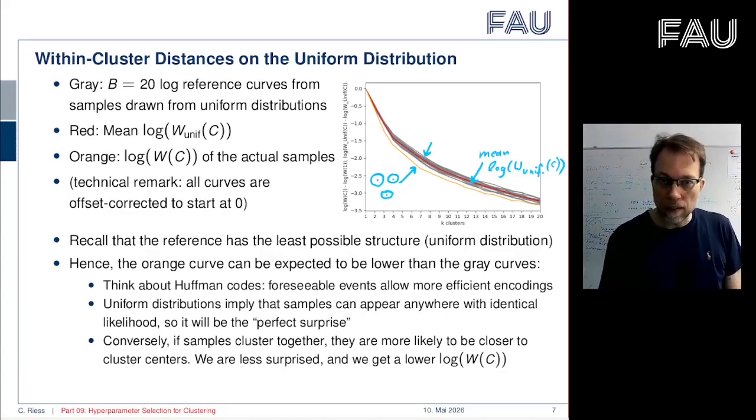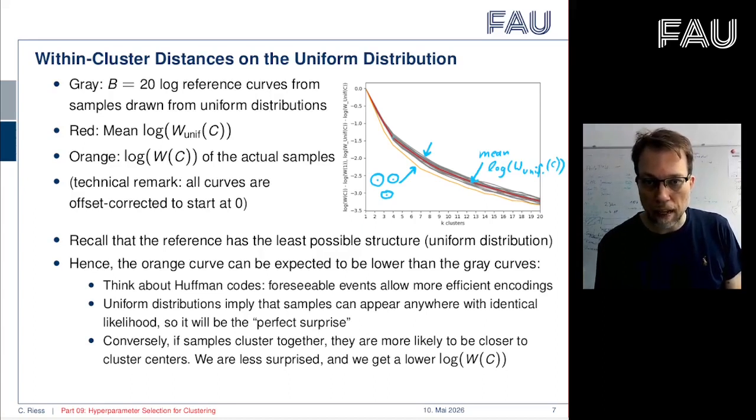And this is also the idea that comes into play when we now look at the gap. So the gap is the difference here for one particular k. It's the difference between the uniform reference distribution and our distribution.